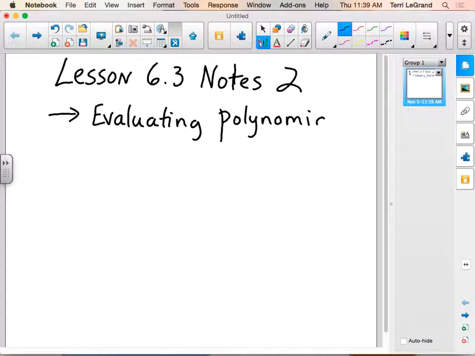We're going to be evaluating polynomials. You need to copy this down, please. For a given value. Evaluating polynomials for a given value.